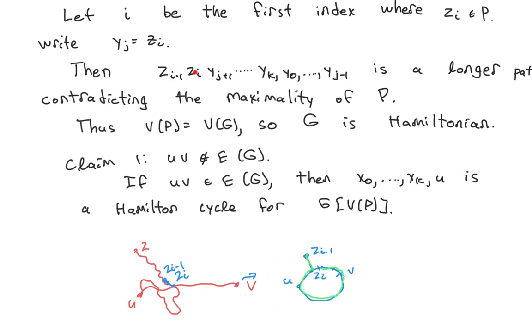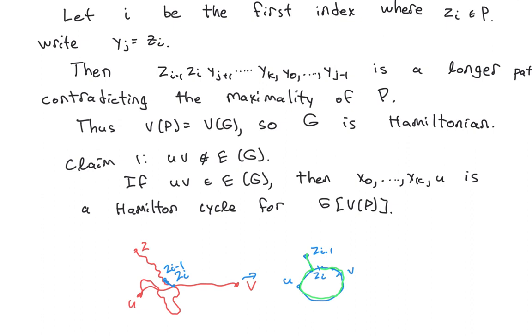So Zi minus 1, Zi. We're going to let Zi be equal to Yj, where Yj is some vertex on our cycle. So then Zi is Yj, then we can go to Yj plus 1 all the way to Yk. Since we have a cycle, Yk is adjacent to Y0, and you can go all the way to Yj minus 1. And the point here is that the number of Y vertices is the same as it was before.